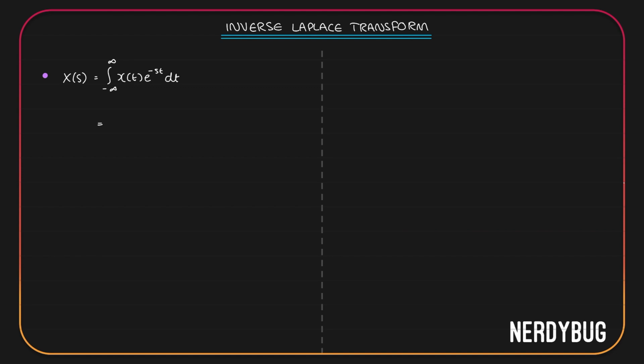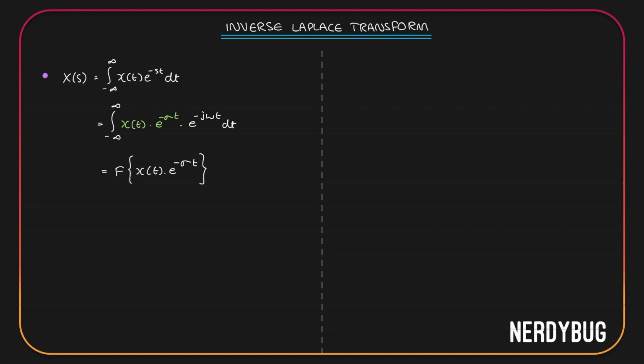So we can split e^(-st) like this: integral from -infinity to infinity of x(t) e^(-sigma t) e^(-j omega t) dt. If we take x(t) e^(-sigma t) as one signal, then this whole thing is nothing but the Fourier transform of it. So this is equal to the Fourier transform of x(t) multiplied by e^(-sigma t). We have seen this already.